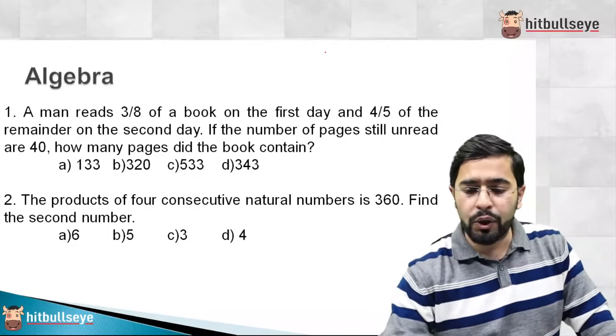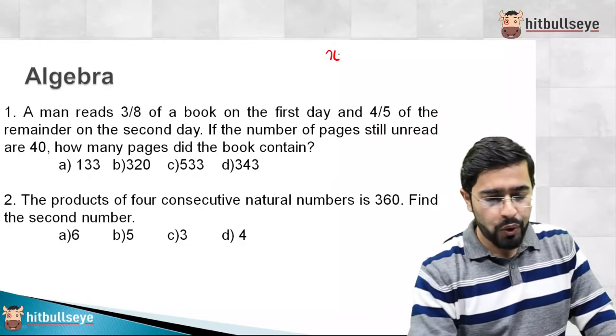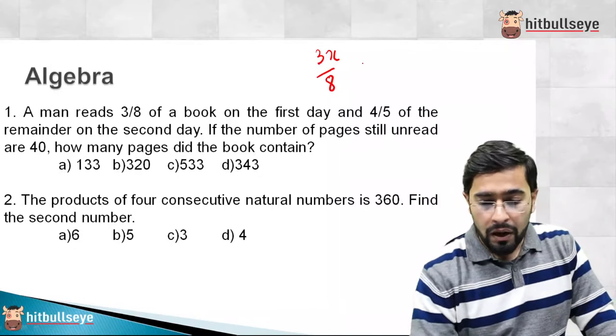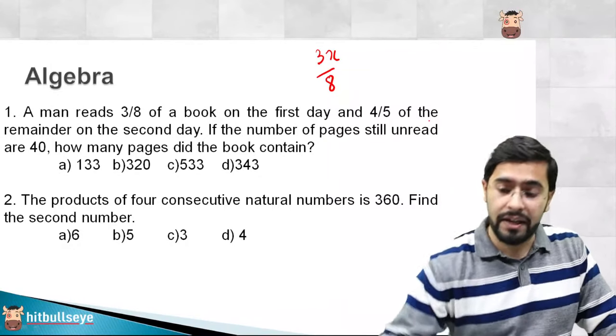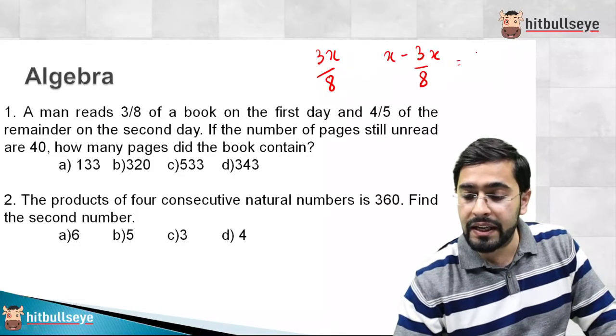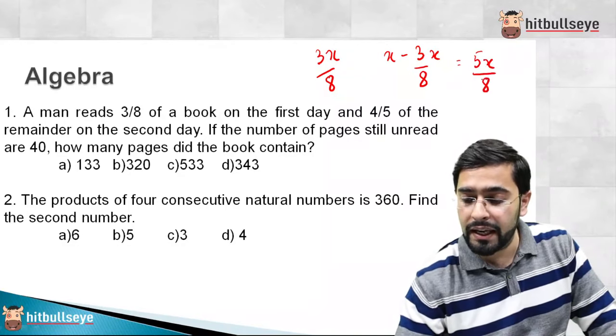So let's say the total number of pages are x. He read 3 by 8 of the pages on the first day and 4 by 5 of the remainder. So x minus 3 by 8 of x gives 5x by 8.